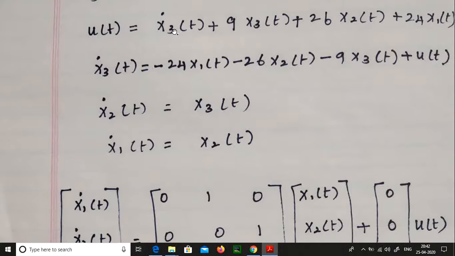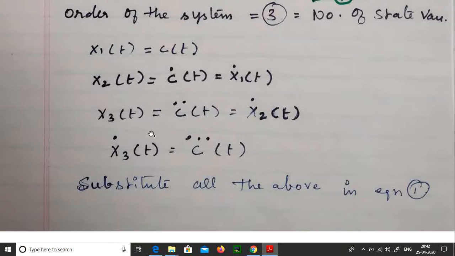Now only x3 dot of t, let us keep it on the left hand side, and bring all other terms to the right hand side. And from the previous equations, x2 dot of t is x3 of t, x1 dot of t is x2 of t.